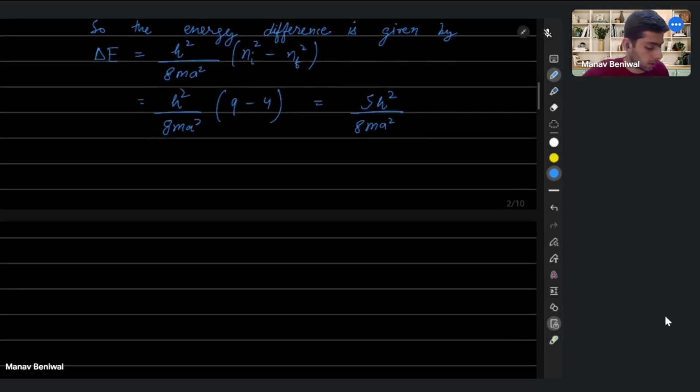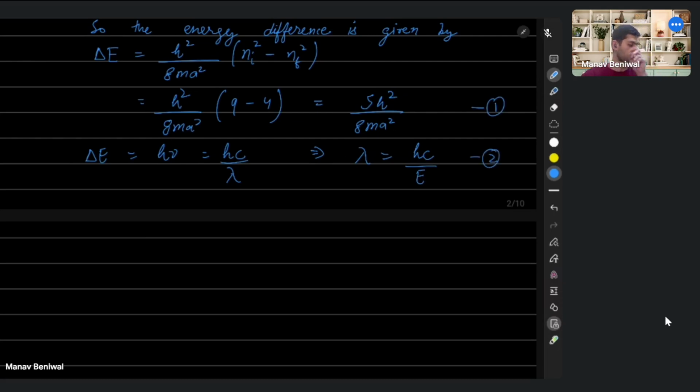How? Because we know that delta E is nothing but h nu, and nu is nothing but c by lambda. So this implies lambda is nothing but hc by delta E. So this is, let's say, equation 1, this is equation 2.